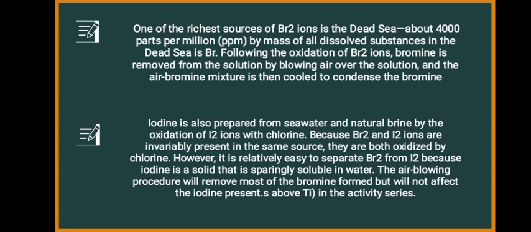Iodine is also prepared from seawater and natural brine by the oxidation of I⁻ ions with chlorine, because Br⁻ and I⁻ ions are invariably present in the same source. So they are both oxidized by chlorine.